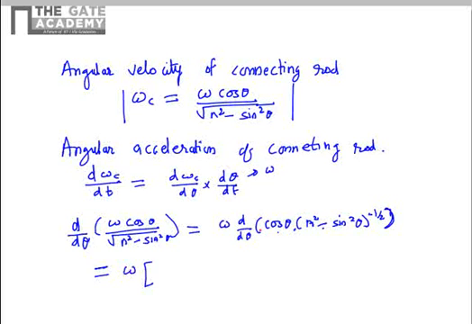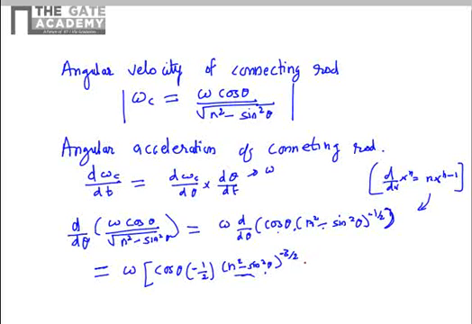So we'll take the differentiation of this one first, taking cos theta constant. Differentiating this one will give you minus 1 by 2, this expression n square minus sine square theta to the power minus 3 by 2, because d by dx of x power n is n x power n minus 1.